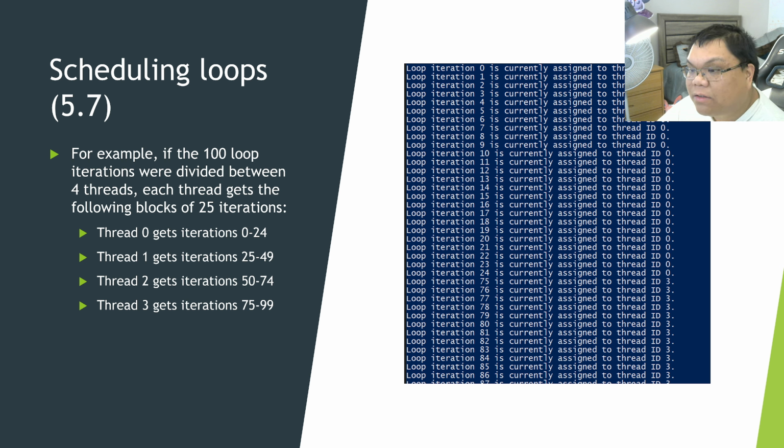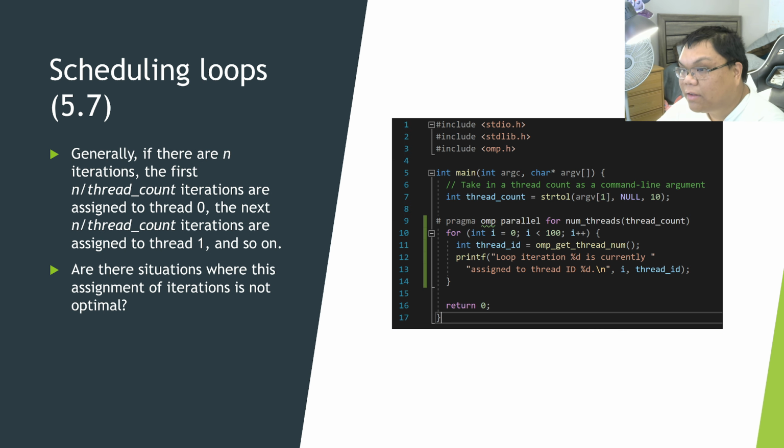Thread 0 gets the first 25 iterations, thread 1 gets the next 25 iterations after that, and so forth, because this is all 0 indexed. Generally, if there are n iterations, the first n over thread count iterations are assigned to thread 0. The next n over thread count iterations are assigned to thread 1.